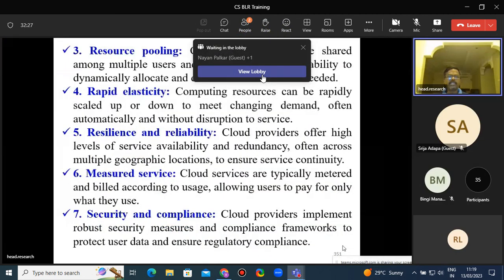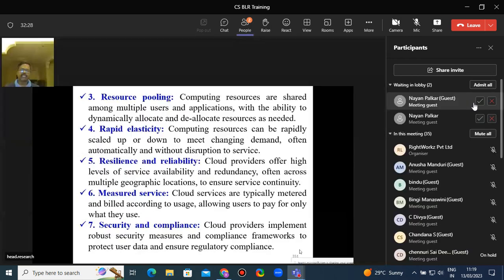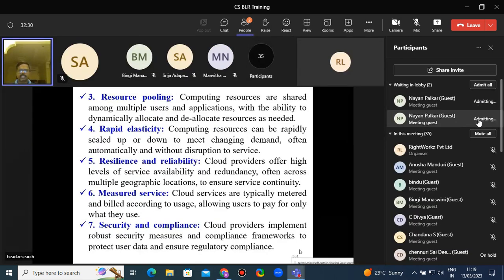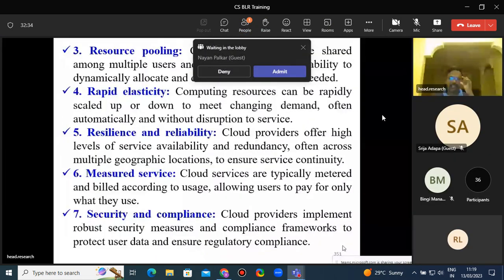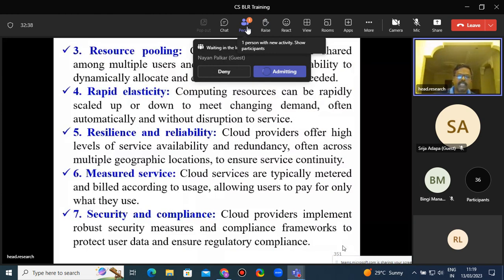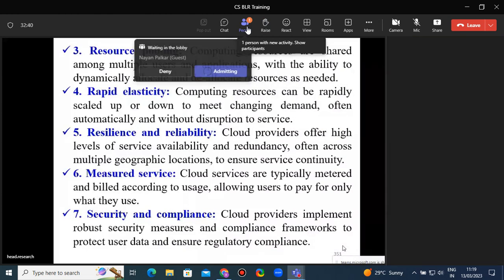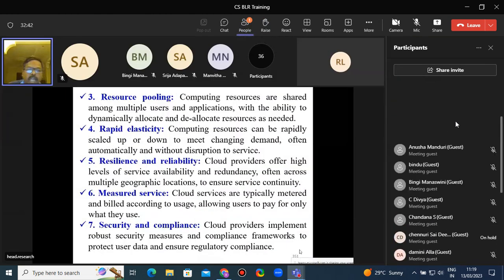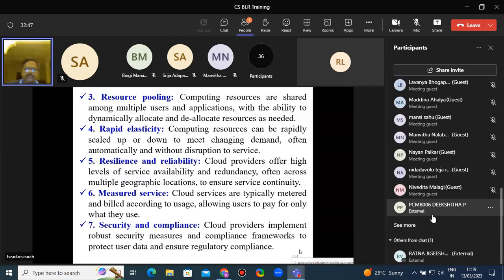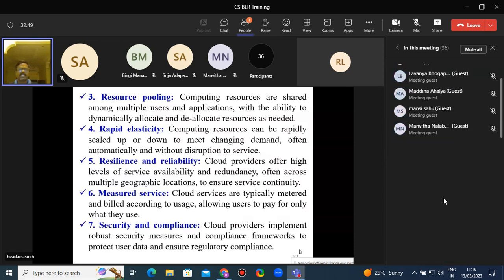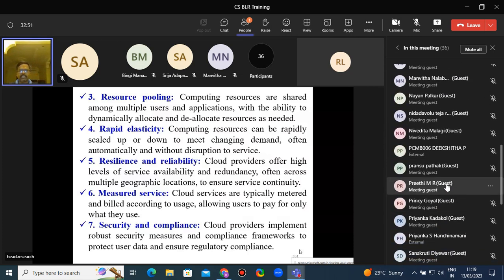The ability to dynamically allocate and reallocate resources is rapid elasticity. Computing resources can be rapidly scaled up or scaled down to meet changing demand, often automatically and without disruption to service. The fifth one is resilience and reliability.